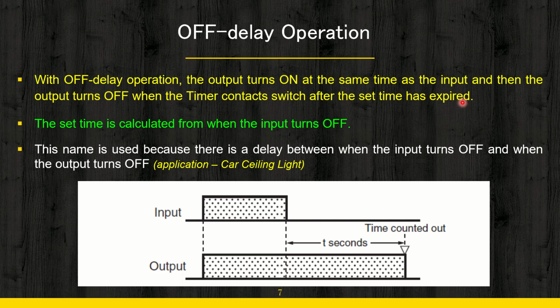You now give a triggering signal to the timer, and after a certain duration your device gets actuated. That means the turning on of the device, the starting of the device, is after a delay. So it is named as on delay. The on is happening with a delay. That's why it is on delay.